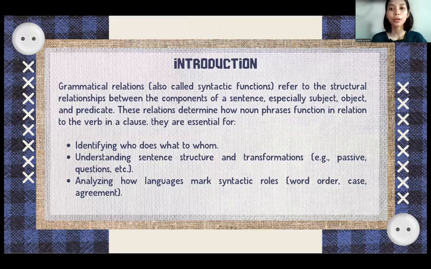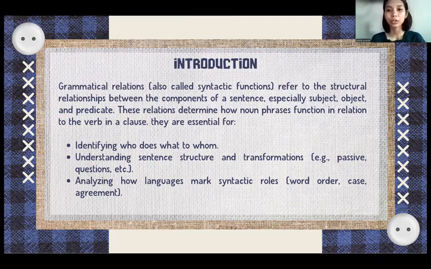First, we're going to talk about the introduction. What is grammatical relation? Grammatical relation, also called syntactic function, refers to the structural relationship between the components of a sentence, especially subject, object, and predicate. This relation determines how noun phrases function in relationship to the verb in a clause.